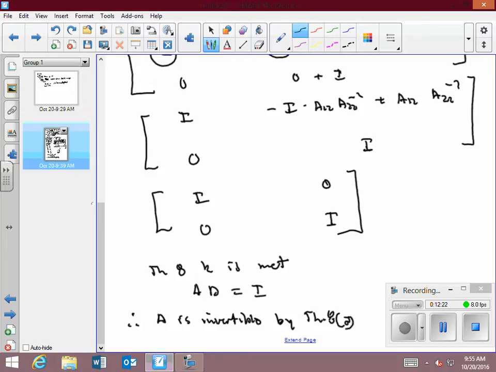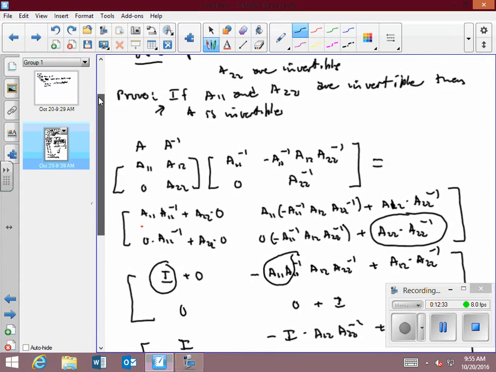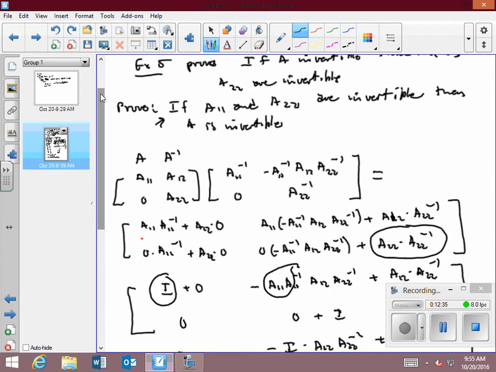I had to be able to use this matrix right here as a candidate for my inverse of A, which was given to me in example 5.